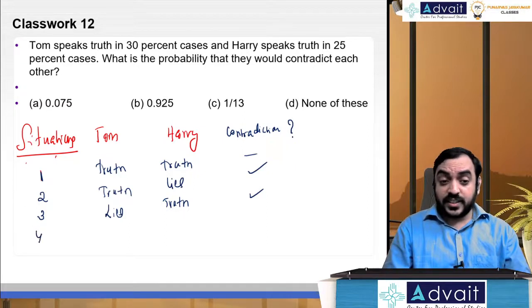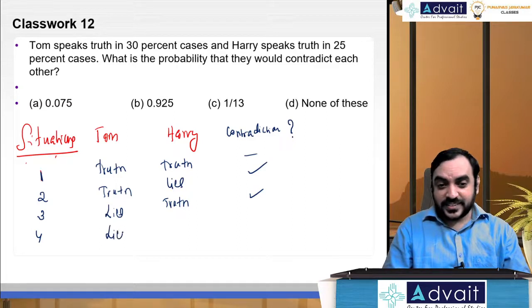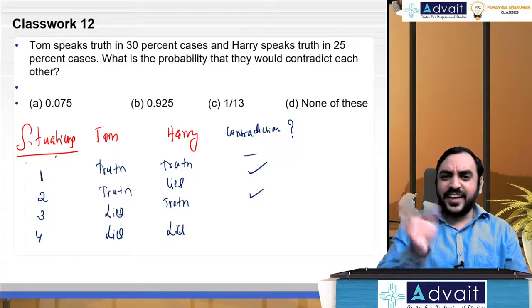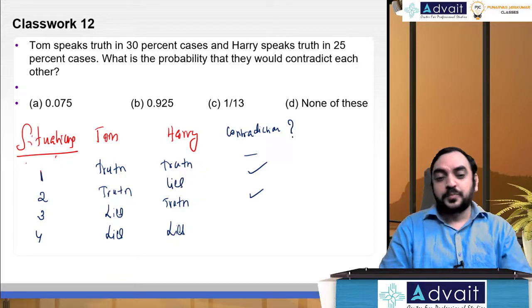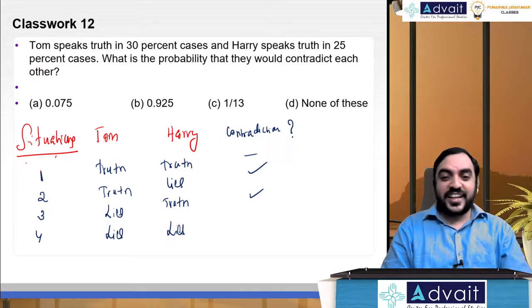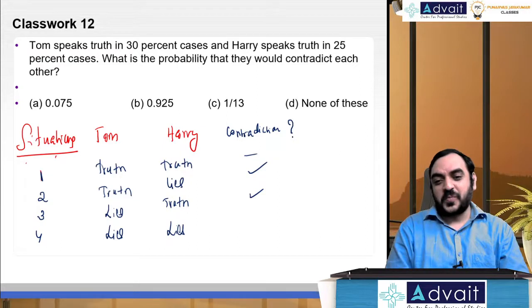Now, interesting scenario is this. Tom lies, Harry also lies. These are the simple four situations, right? Like head, head, tail, tail, head, tail, tail, head. Simple four scenarios. Now you tell me. Tom is lying, Harry also is lying. Are they contradicting or not contradicting?